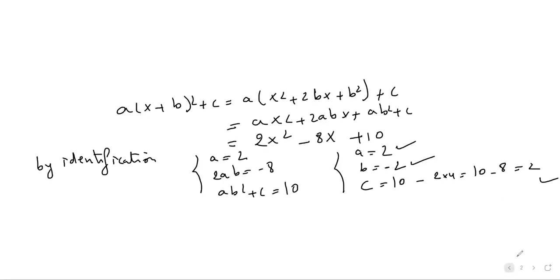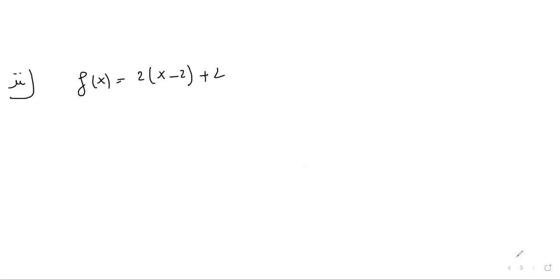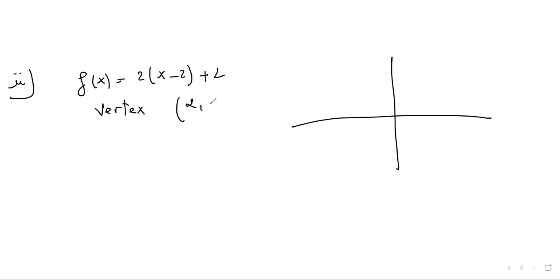Right, so the second question, they ask you to state the range of f. So I got that f(x) is equal to 2 times (x minus 2) squared plus 2. Yeah, I think this is the expression. Now they ask you to get the range of f. I know that if I would like to draw f, it will be something like that. If this is the origin, I know that the vertex is on the point (2, 2).